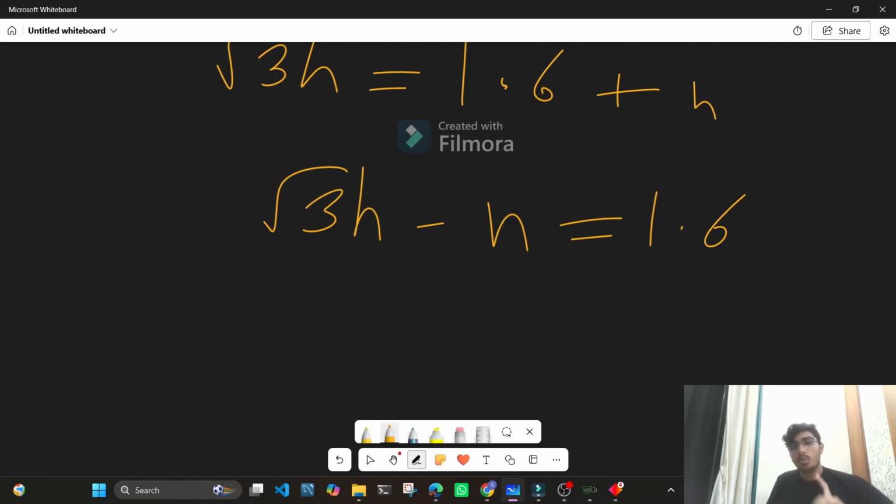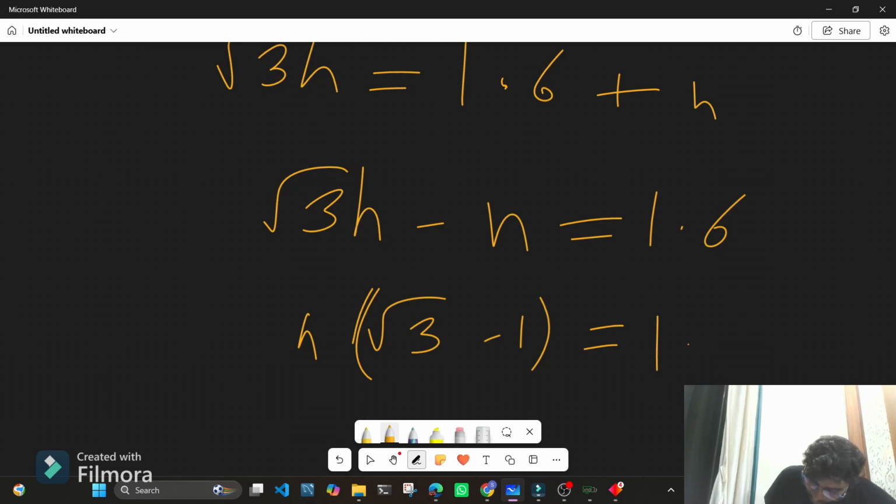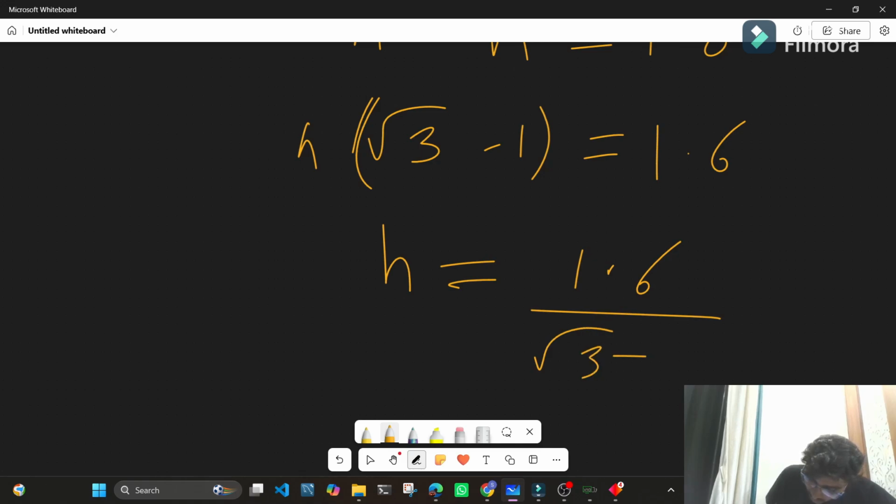Now, you can do two things: you can leave the equation as it is, or you can take h common, h times (root 3 minus 1) equals 1.6, and if I transpose it, I get h is equal to 1.6 upon root 3 minus 1.